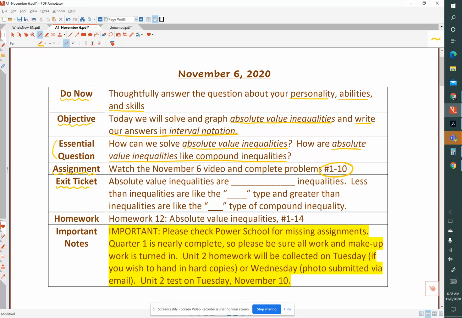Absolute value inequalities are blank inequalities. Less than inequalities are like the blank type, and greater than inequalities are like the blank type of compound inequality. Our homework today will be absolute value inequalities, and there are 14 problems.